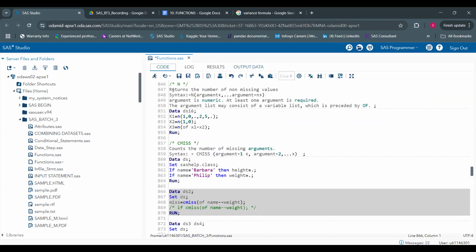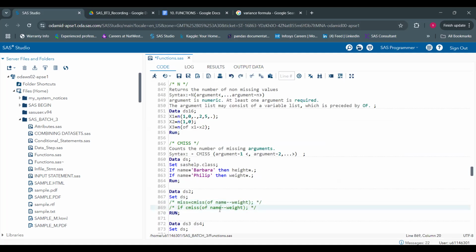So when I mention if cmiss of name to weight greater than one, do we have any missing value greater than one? No. That's what we got, 0 records. If you write greater than 0, it will show 2 records.